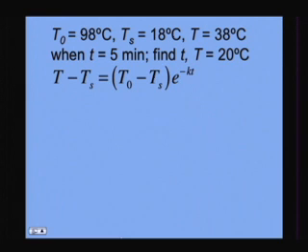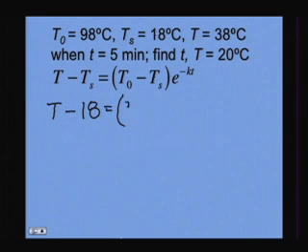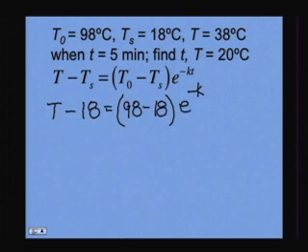However, before we do that, we have to find k, the constant here. So let's plug some numbers in. We have T minus the surrounding temperature, 18, equals the starting temperature, 98, minus the surrounding temperature, 18 degrees, times e raised to the minus kt.